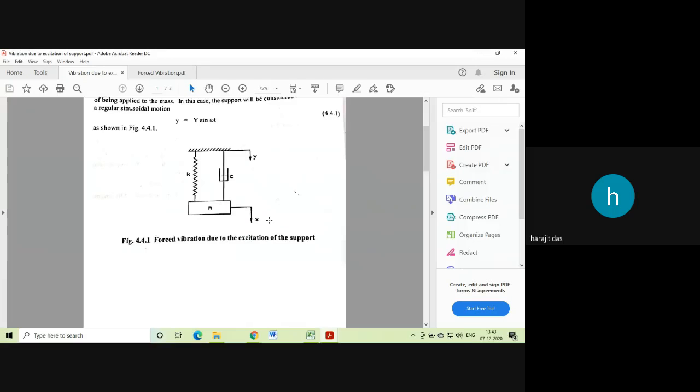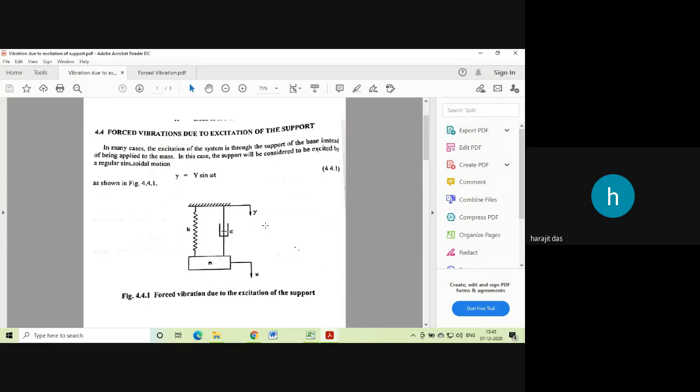So for the newcomers, I am just telling that today we will be analyzing a system where there will be a vibration of the support. Earlier the mass was vibrating, but here the support is vibrating with a periodic sinusoidal motion, y equals capital Y, the magnitude of the motion, sine omega t.